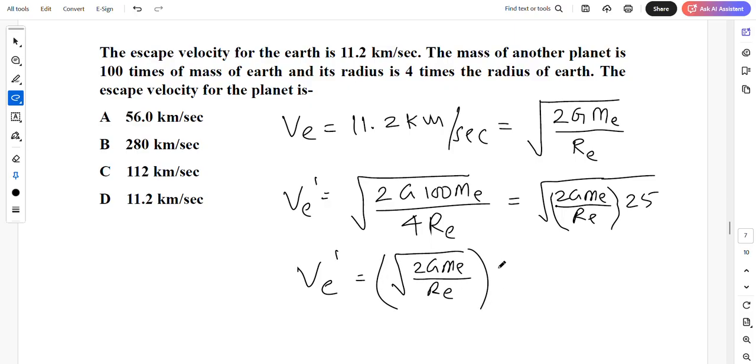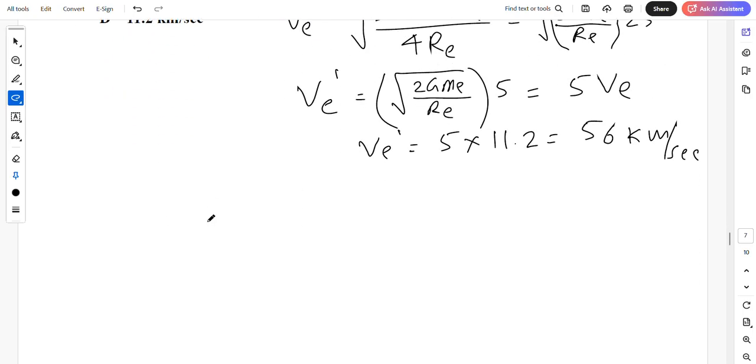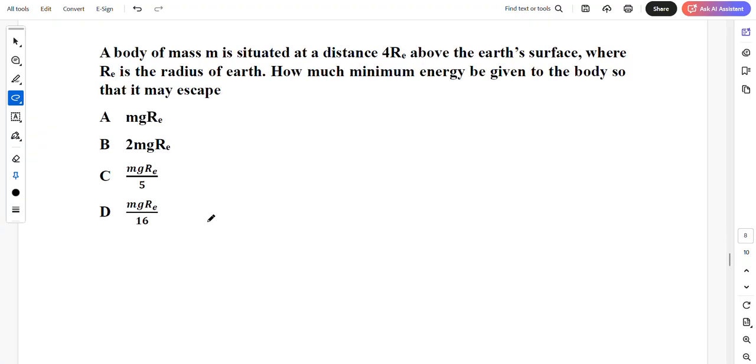Root of 25 is 5. Therefore, V dash is equal to 5 into VE. VE they have given as 11.2. 5 times 11 is 55, so 56 kilometers per second is the right answer. Hope you understood this sum also. Let us go to the next problem.